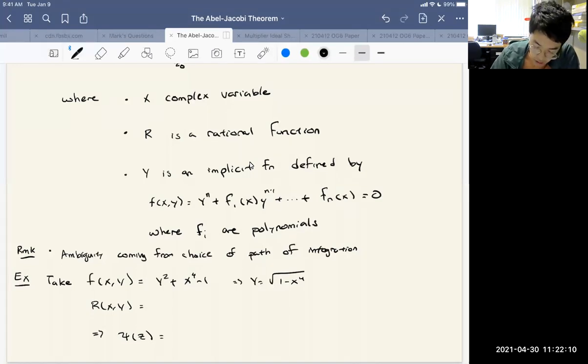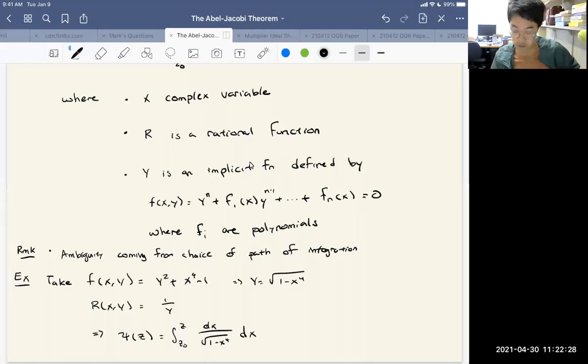And then my rational function is 1 over y. So then my Abelian integral is something that we've seen before. It's this arc length integral that we considered at the beginning, the arc length of the figure 8.